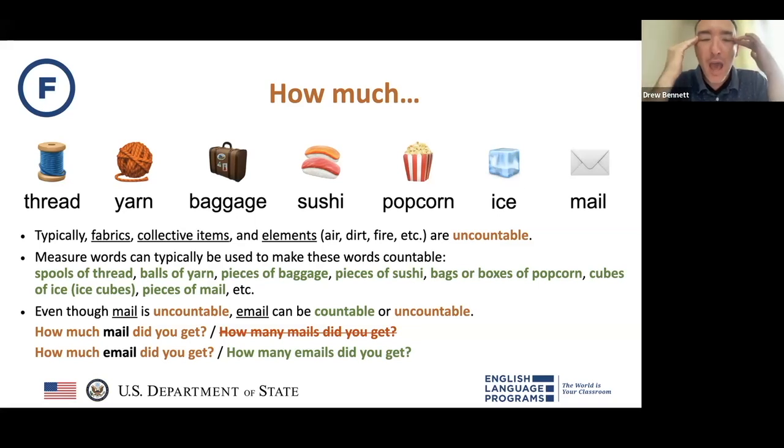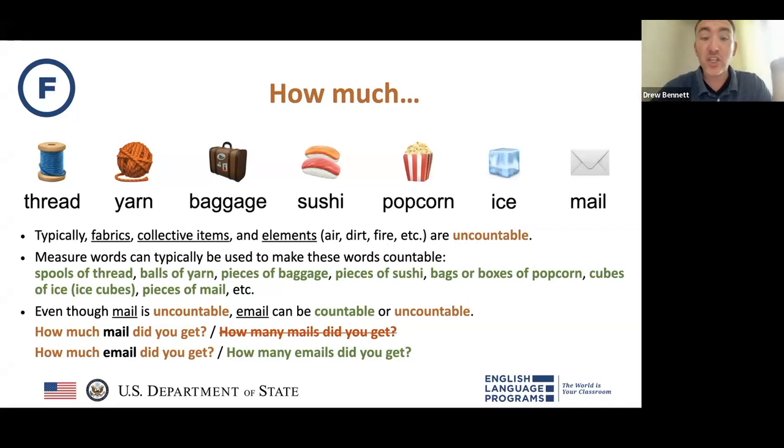That's fine. And mail is interesting. So look at this. Mail is uncountable. So you're going to always say, how much mail did you get? And then if you want to count it, maybe I got 2 letters. I got 3 envelopes. But email can be either countable or uncountable. So it shows you that in modern times with the modern language, people are thinking about words differently.